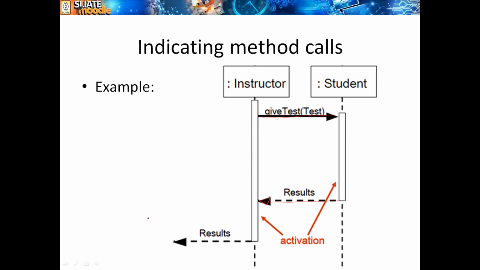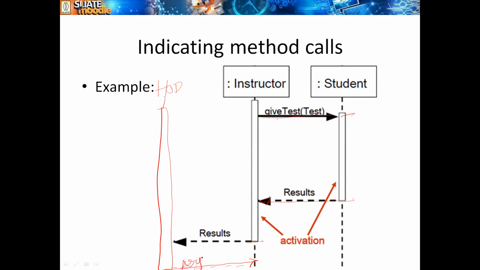After the result is sent, sometimes it goes to the HOD. After the HOD receives the result, the student's activation bar finishes at this time. After the instructor is finished too, the HOD sends some message to the instructor, like this.